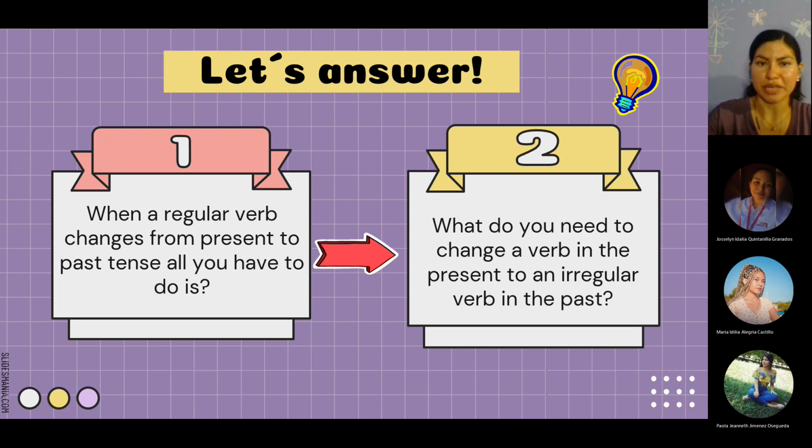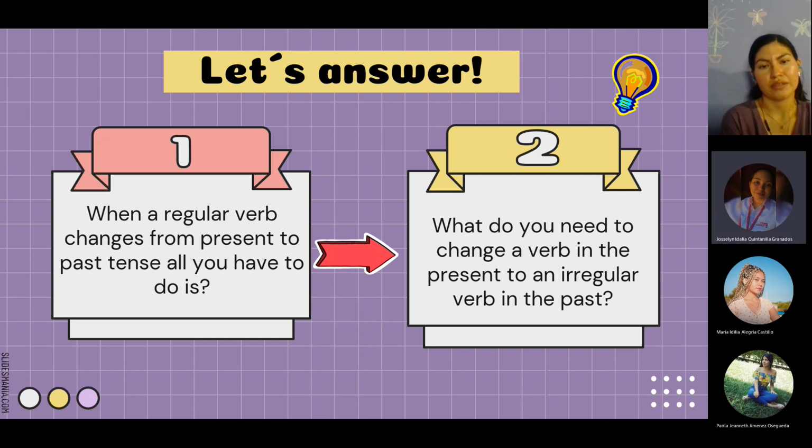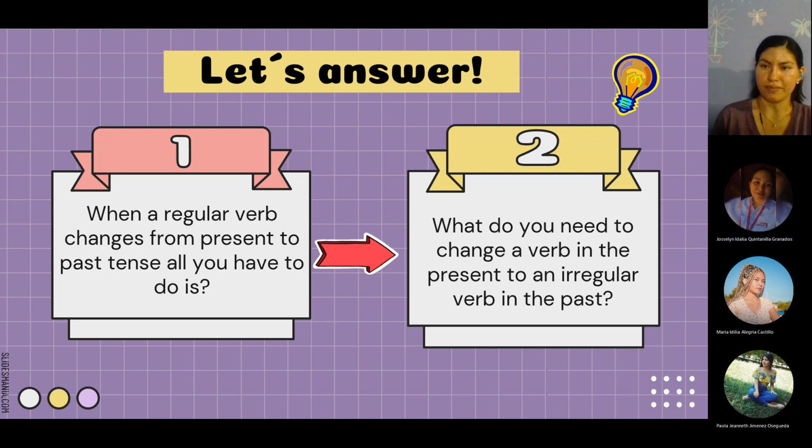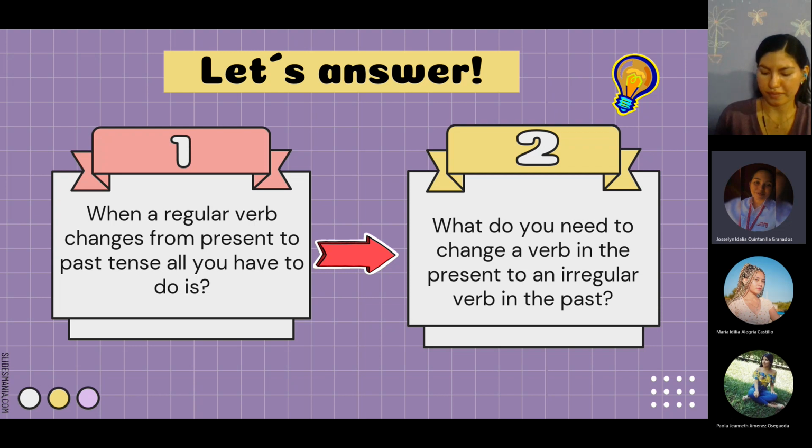And what about the second question? Who wants to read and share your answer about it? May I, teacher? Yes, go ahead. What do you need to change a verb in the present to an irregular verb in the past? I think the difference from the first one, the regular verb, is that in this one you don't have to add D or ED, you only change the letters.